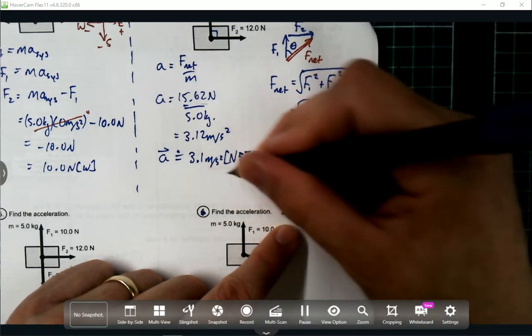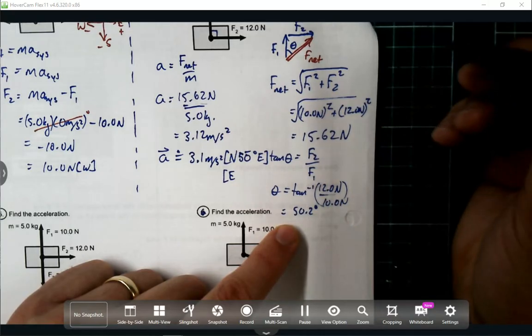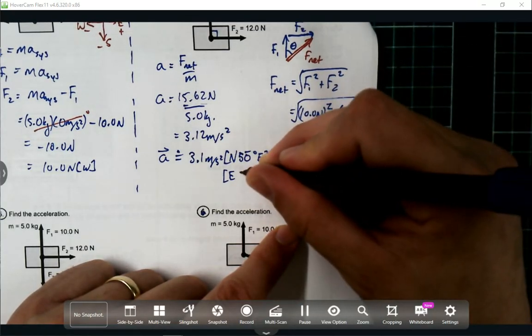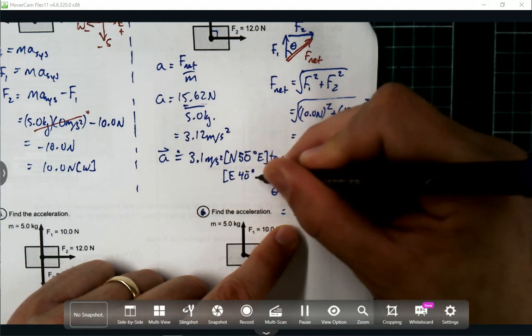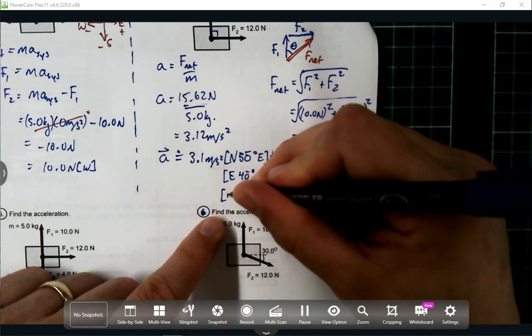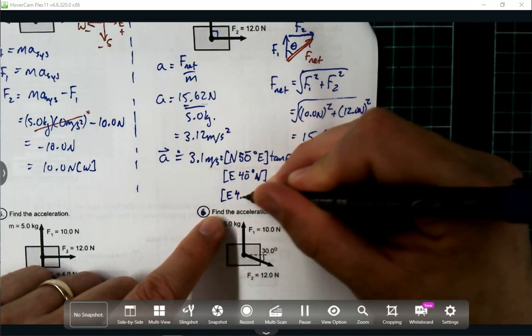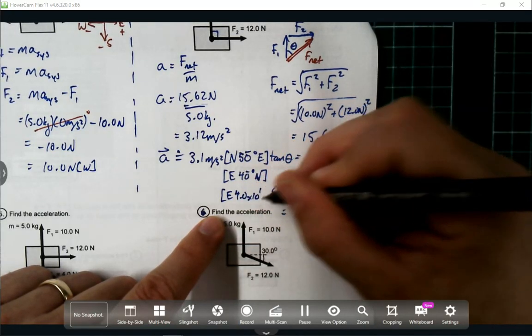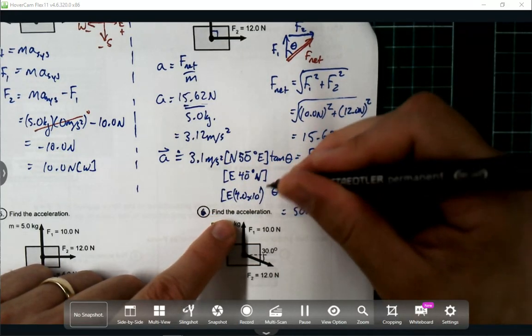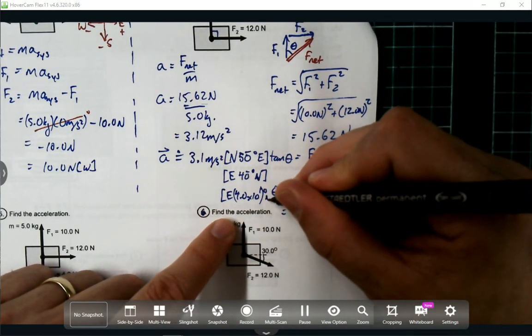Or I could have said east, how many degrees north? 40, right? 40 degrees north. Or if I was really worried about scientific notation, I could have said east 4.0 times 10 to the power of 1. Probably would put this in brackets so it doesn't look like 10 to the power of 10 degrees north.